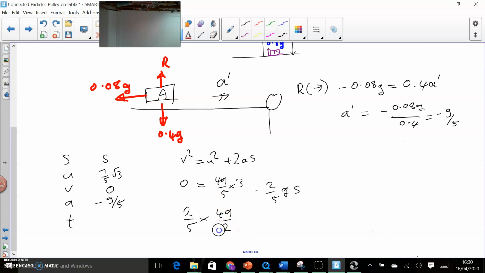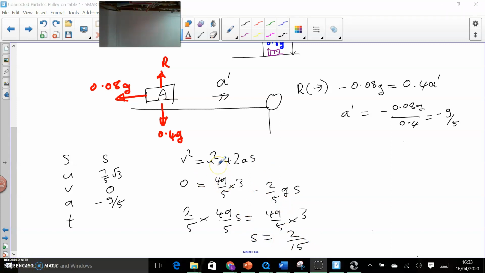Beg your pardon, 49 over 5. And that equals, S equals 49 over 5 times 3. So the 49 over 5 cancel, and we have, it looks like S equals 2 over 15.